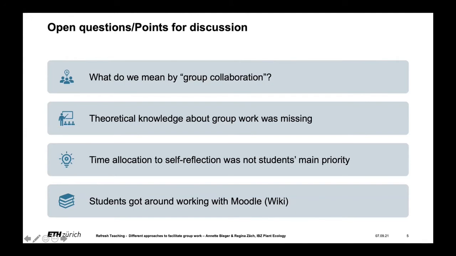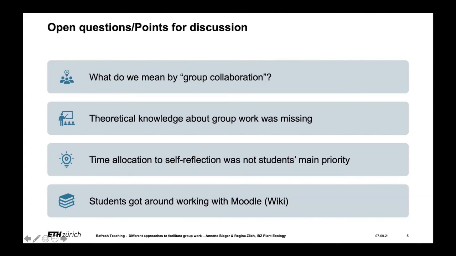Then when students were asked to self-reflect, it was really interesting, because there was no group who really struggled with doing the group work, maybe because they've been in the Deusis first year course, so they're used to group work, and therefore it was not a struggle. We thought it might not have been their main priority, or it has been really easy.